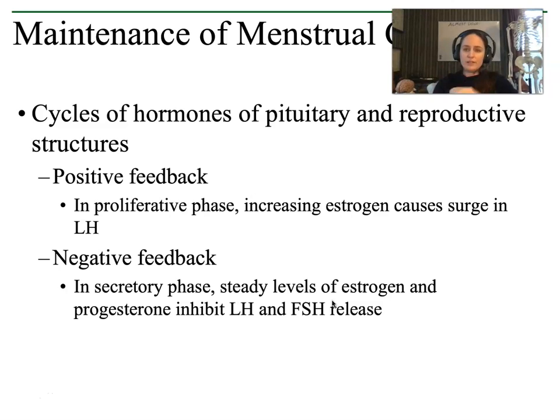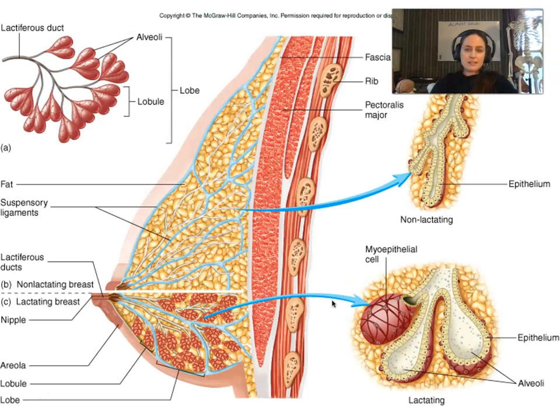Okay, and that's all in here, in case you missed any of that or you need a review. Secondary sexual characteristics of the breast tissue. This is the histological organization of the mammary glands. So you have these simple cuboidal cells lining, and they are exocrine cells.